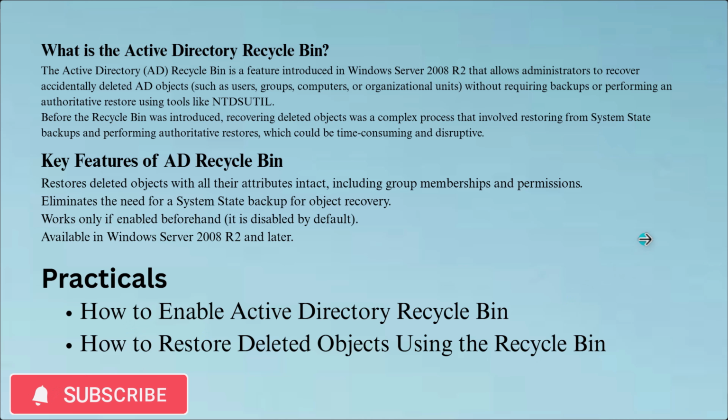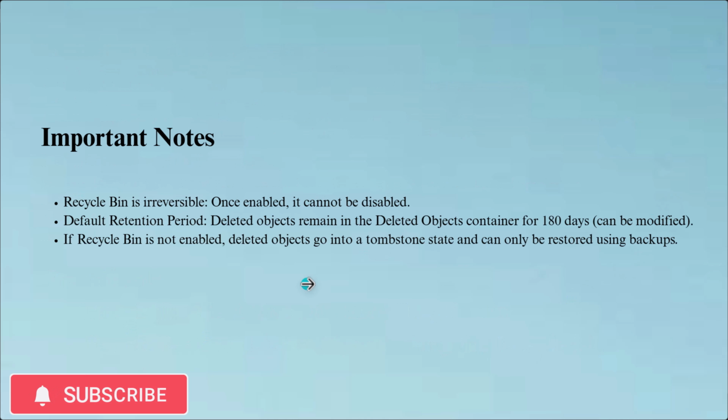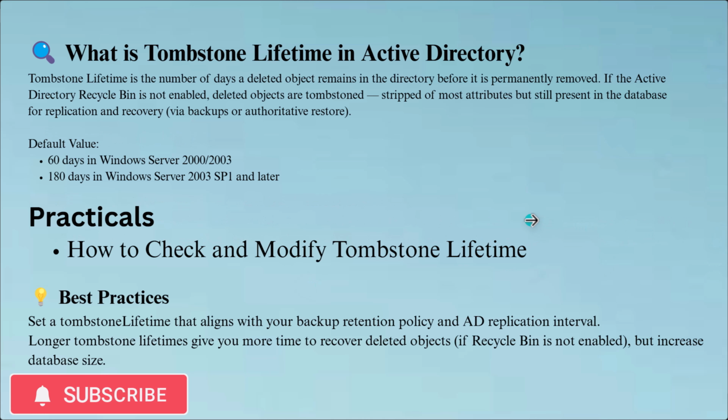Now, what is a Tombstone Lifetime? So what is a Tombstone Lifetime in Active Directory? Tombstone Lifetime is the number of days a deleted object remains in the directory before it is permanently removed.